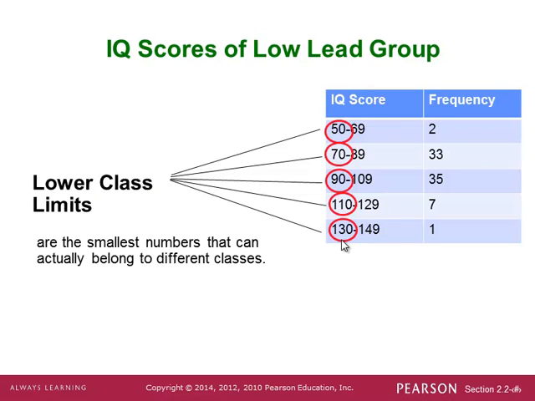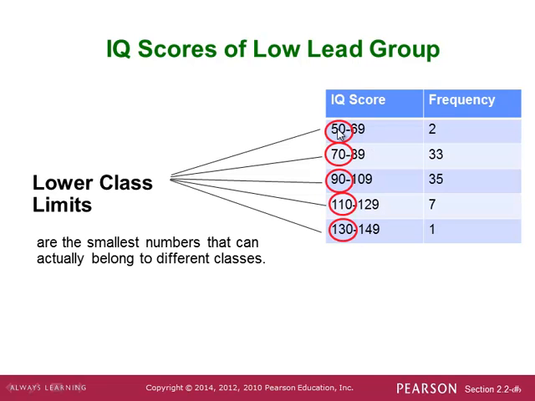So here's an example here. And you'll see the data set in your textbook when you open up to section 2.2, a bunch of IQ scores. Well, we can create these classes here. Class is another name for interval. So we'll call these classes.